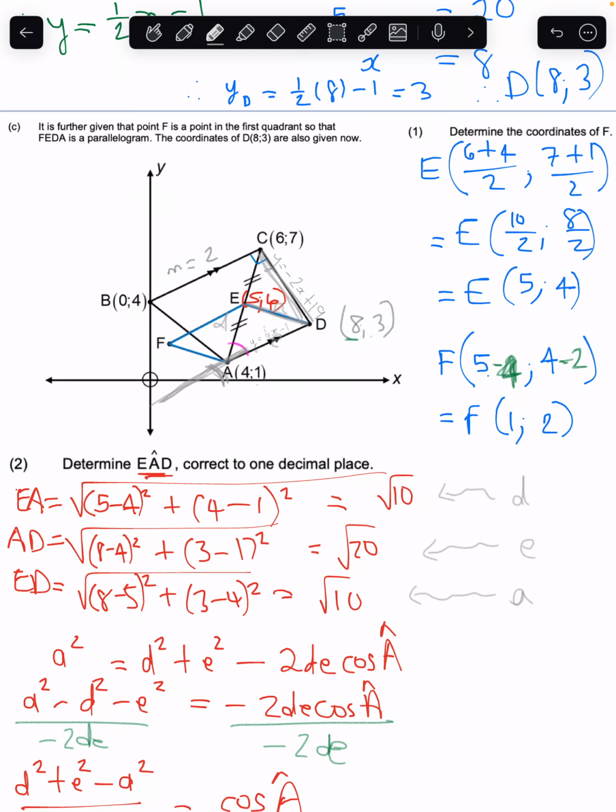And then they find that angle of inclination. So if we extend this line, we can then find this angle of inclination. Okay, interesting. And then they say EAD will be the one minus the other. How do we get there?